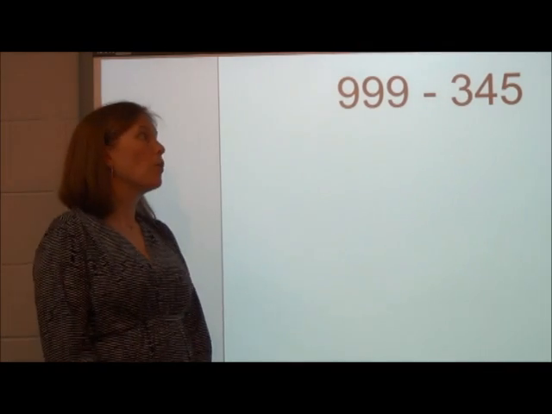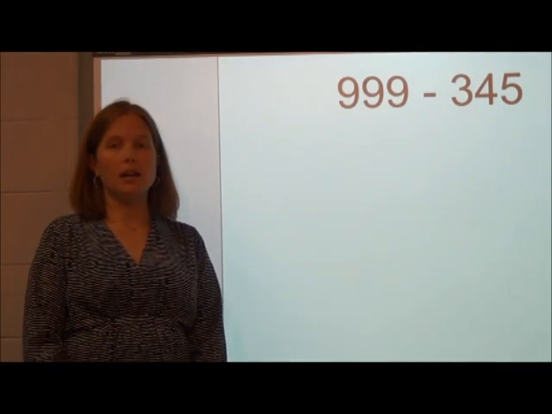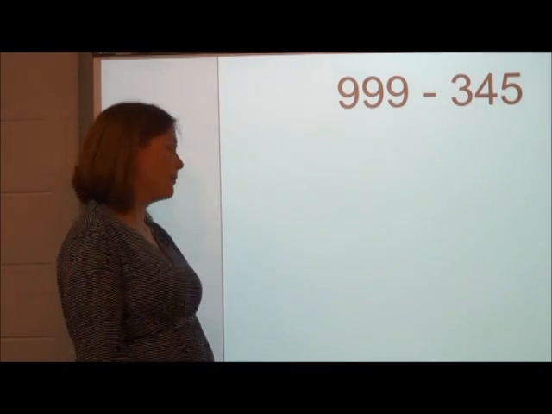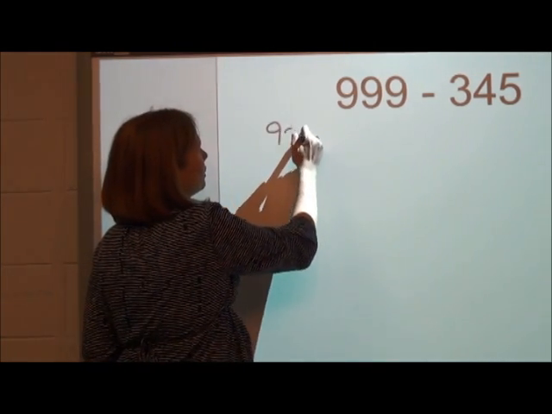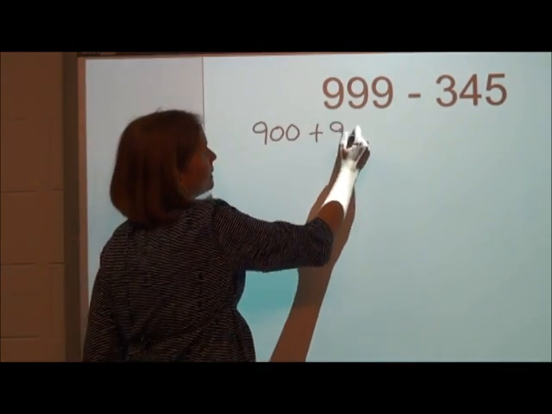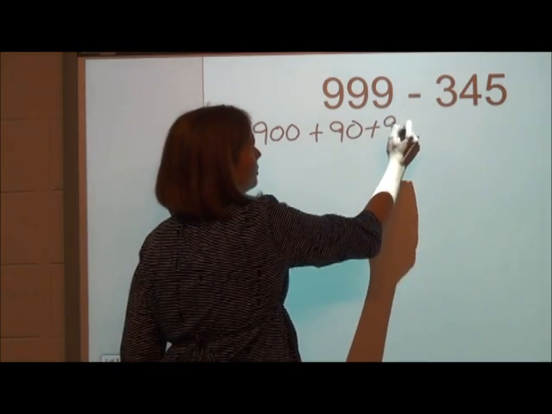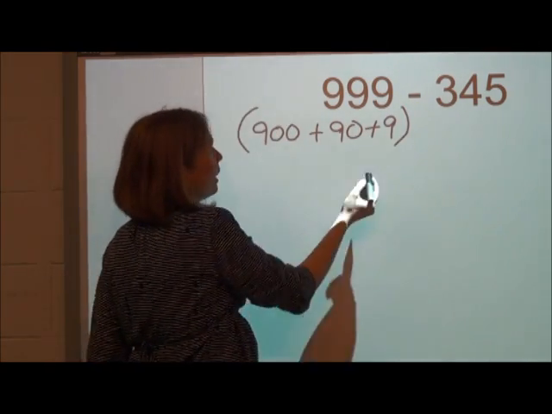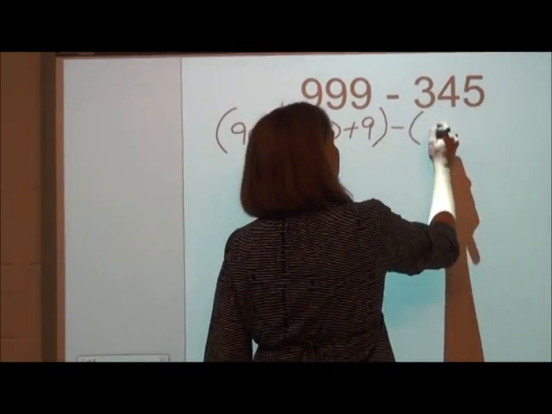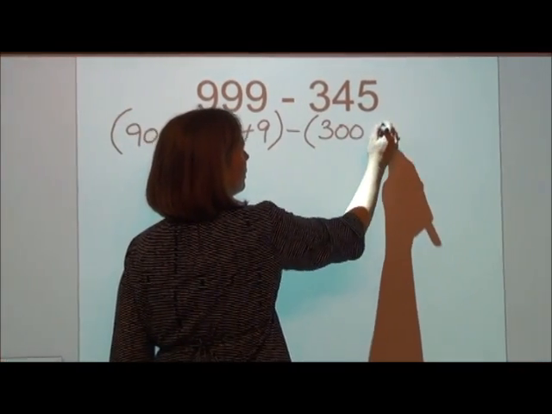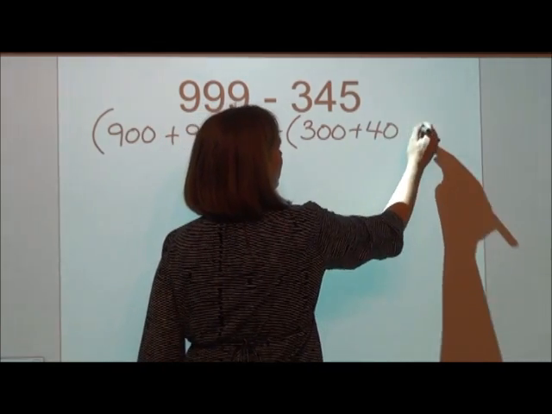So first, we need to break 999 into its expanded form, which is going to be 900 plus 90 plus 9. And we'll need to do the same thing for our 345, which will be 300 plus 40 plus 5.